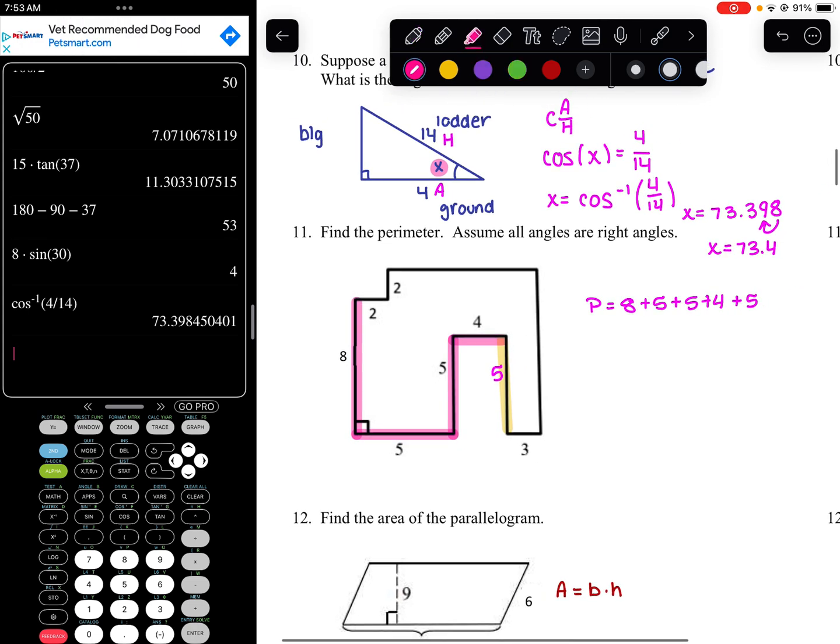This next side, it tells us, is 3. They do not give us this long side. However, this long side matches up to this left long side. This left long side is made by the 8 and this 2. 8 plus 2 tells us that this entire side would be 10.